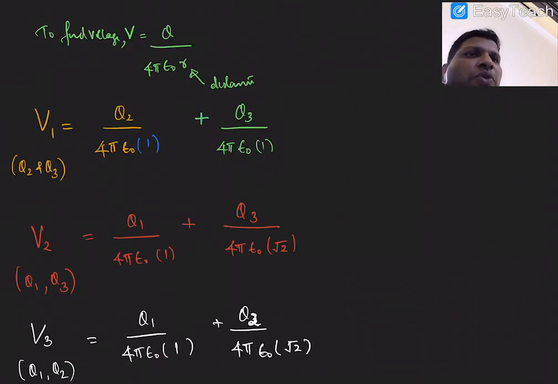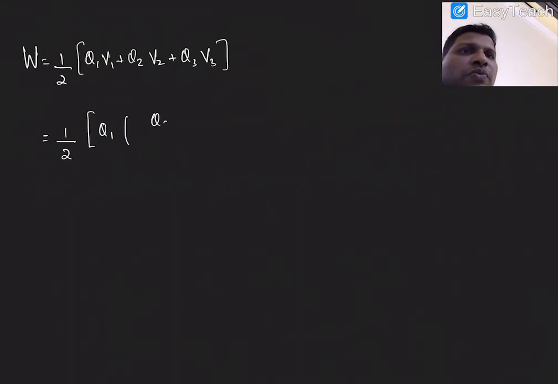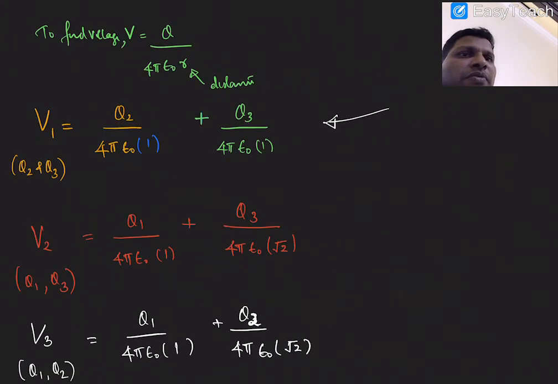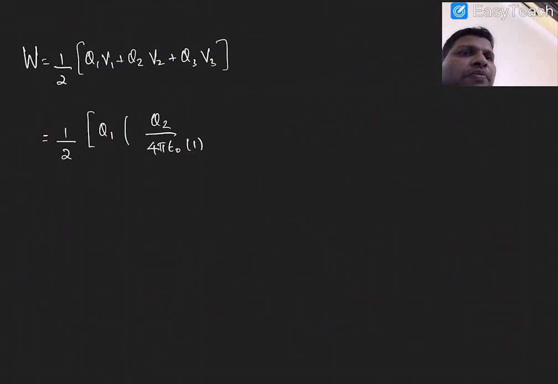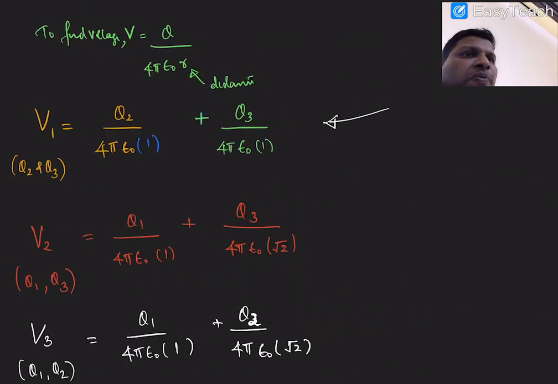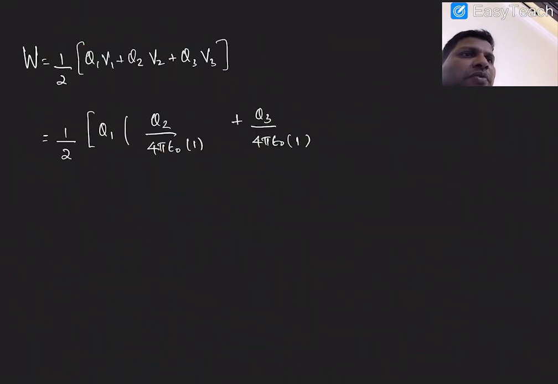V1 is Q2 by 4 pi epsilon 0 into 1, then Q3 divided by 4 pi epsilon 0 into 1 again. I think it's correct. Let me check it. Yeah, it's fine.